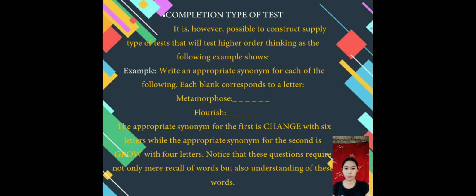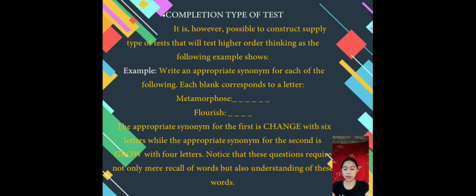Completion type of tests. It is, however, possible to construct supply type of tests that will test higher order thinking, as the following example shows. For example, write an appropriate synonym for each of the following. Each blank corresponds to a letter. Number 1 example is metamorphose.